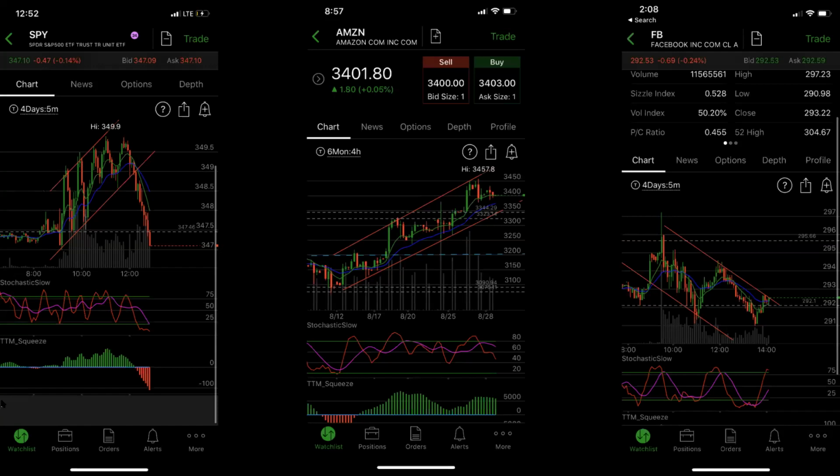All right, I got a question. Yeah. So that indicator at the bottom, the TTM squeeze, what is that indicator? Okay, I'm not the best one at explaining this, but, all right, you want me to do it then? Yeah, Kevin explains. All right, so TTM squeeze, if you want to make me host, I can show everything better too.